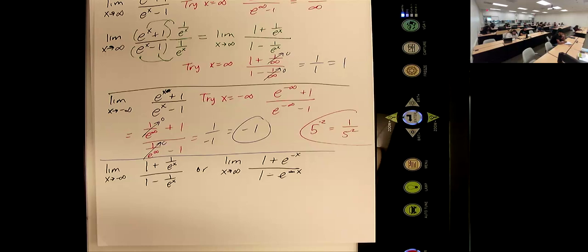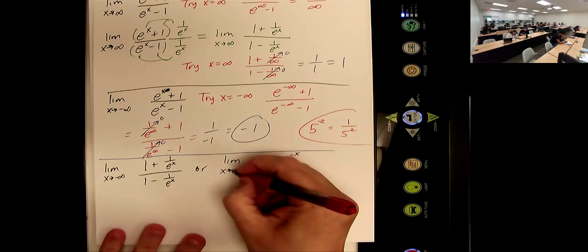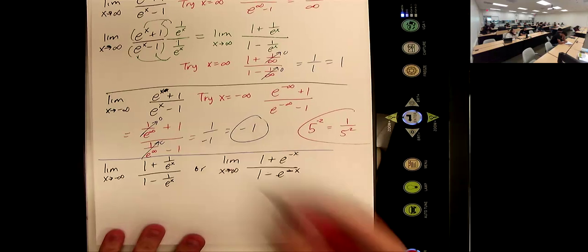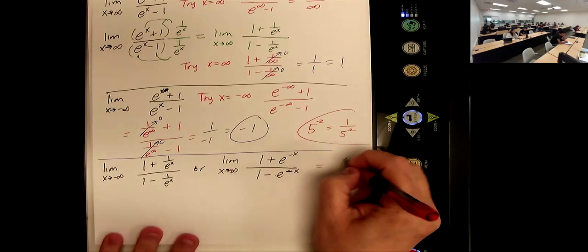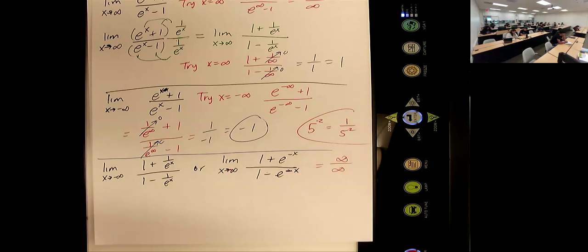When you evaluate at negative infinity, you get the infinity over infinity situation.